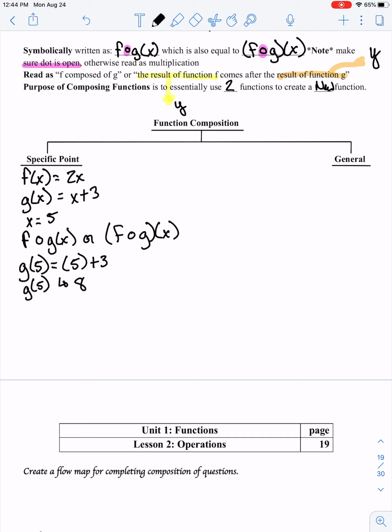Now you want to take this and go f of 8, right? Because 8 is really the y of g. And you're going to plug the y value of g into your original f of x function. So f of 8 is equal to 2 times 8, which is 16.